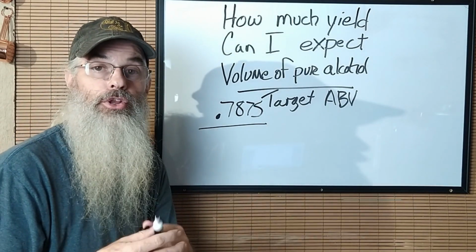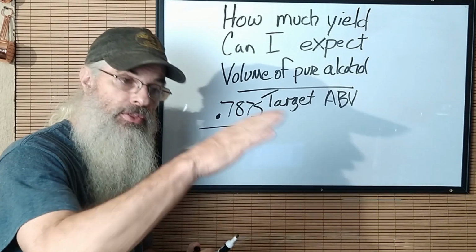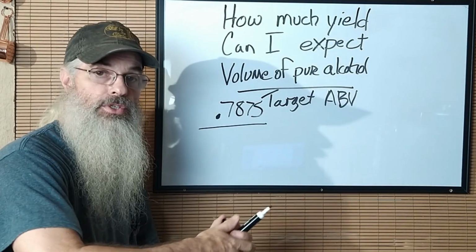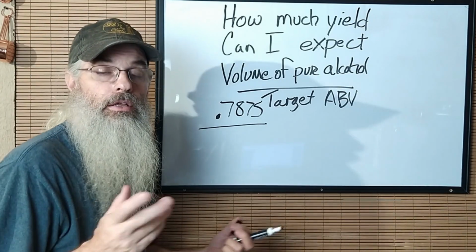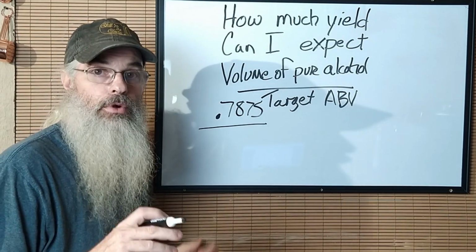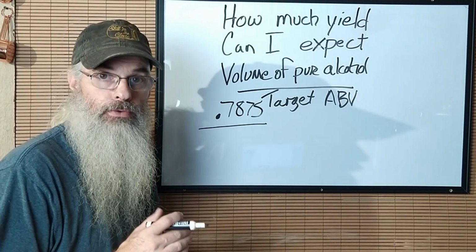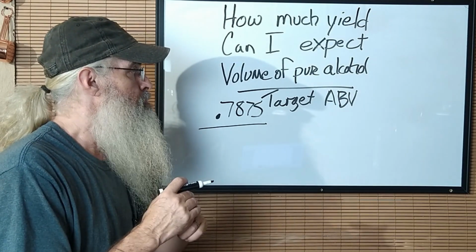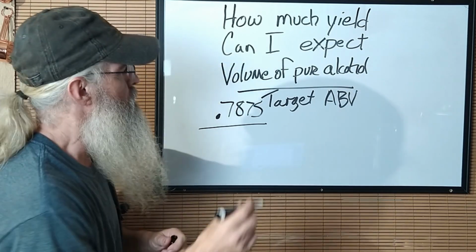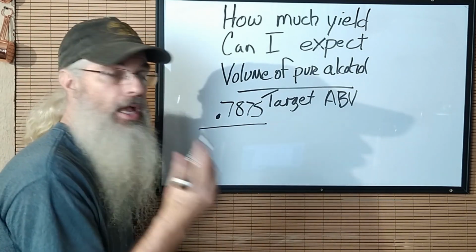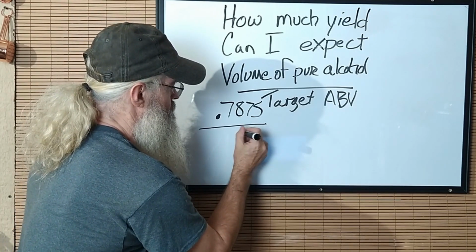What kind of ABV are you going to try to end up with at the end of this process? After you've run it through the still, after you've proofed everything down, where are you going to try to be? For math, we're going to make it easy. We're going to say we're going to shoot for 100 proof. Once we've blended everything and proofed everything down, 100 proof is what we're after. And that is 50% ABV.